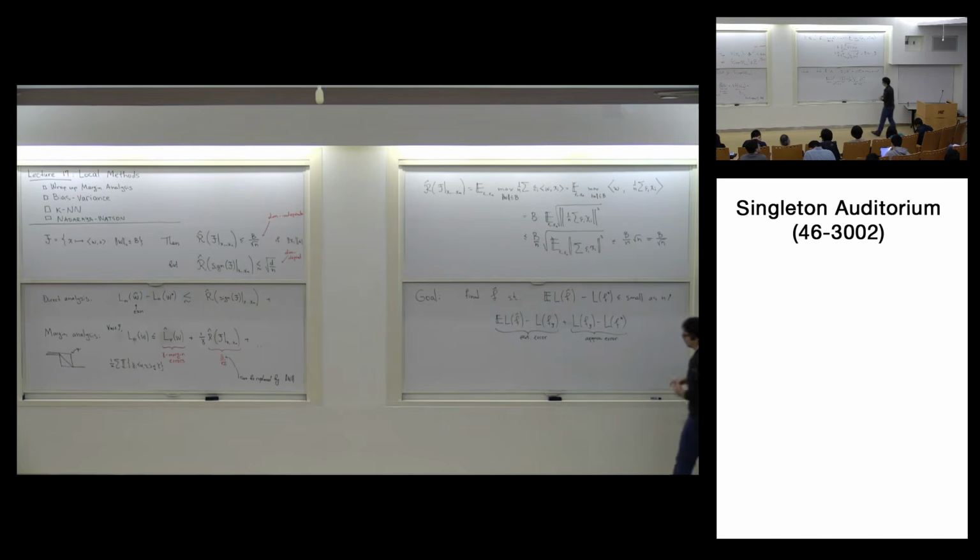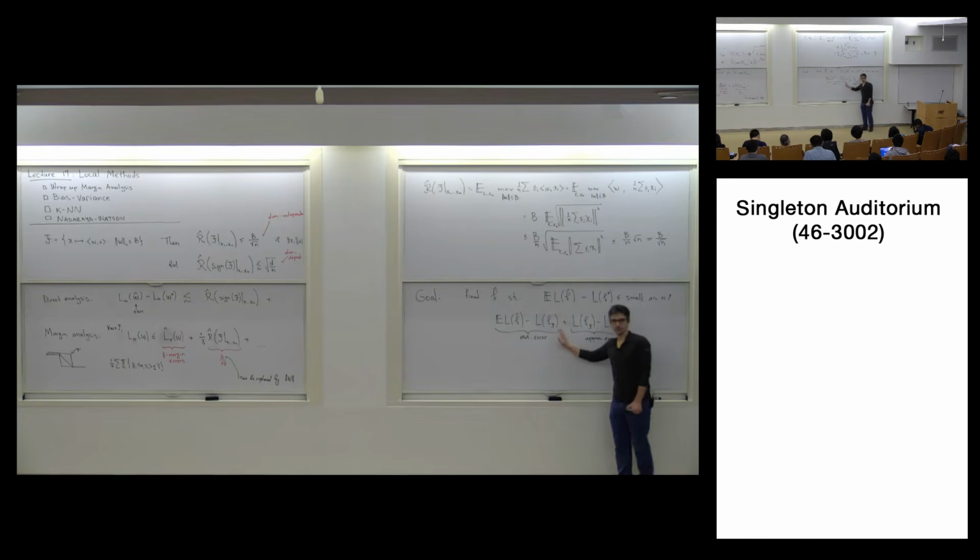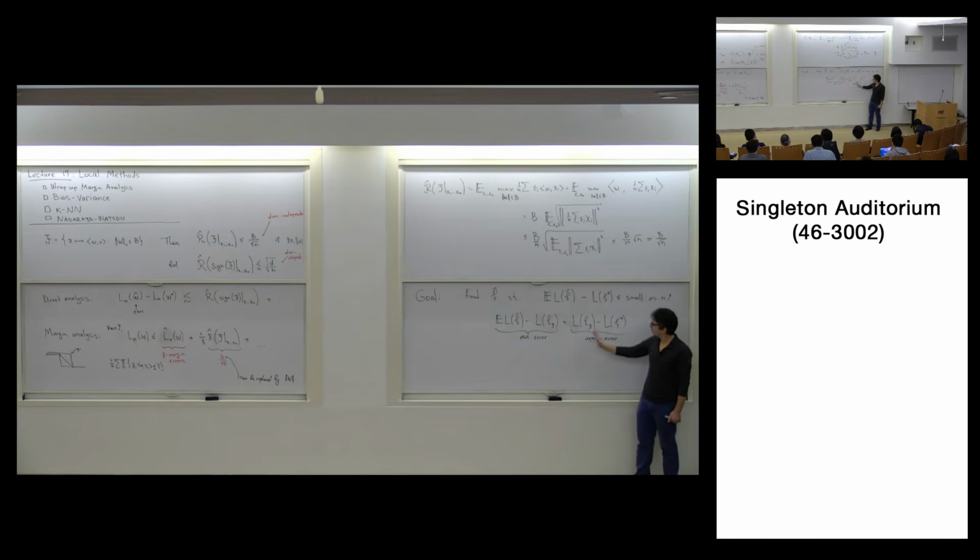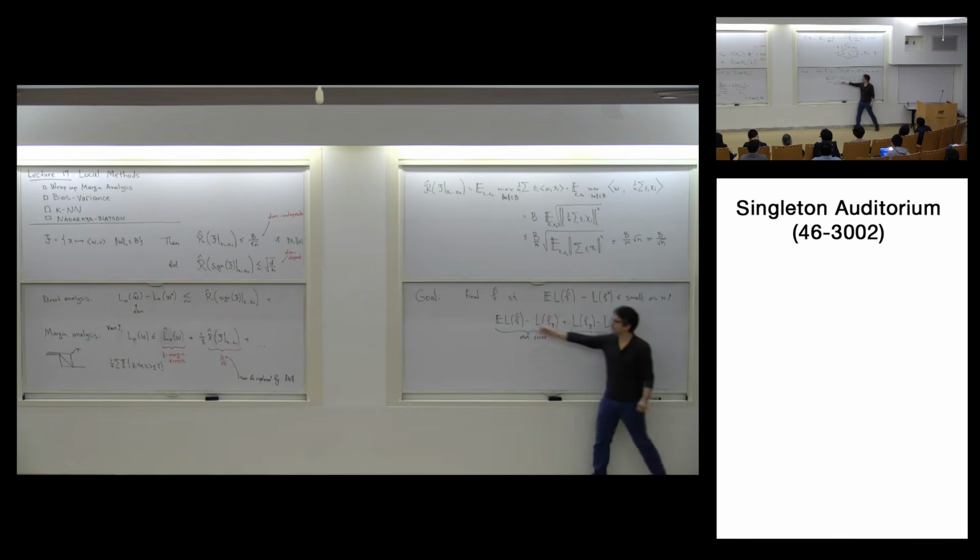Loosely speaking, you can think of this as a bias-variance decomposition, where this is the bias due to not taking the model that contains f star. You work now with a set that might not capture f star, which introduces a certain bias, but it reduces the variance.